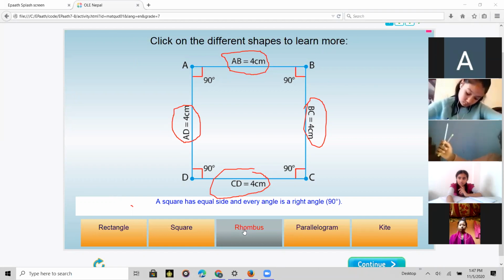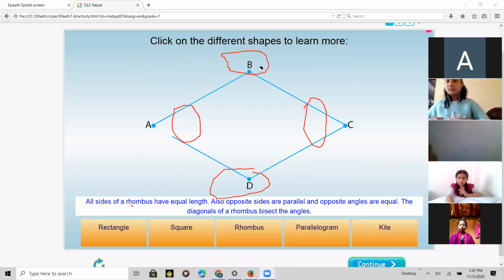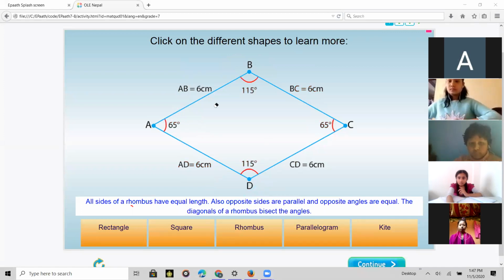Now let's see about the rhombus. You can see the figure of a rhombus here. Here we have seen some special character.